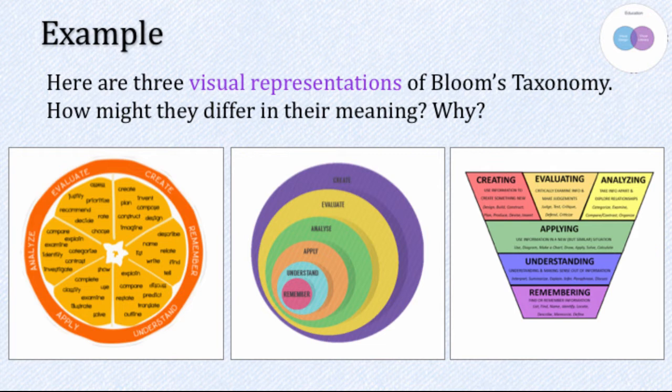So a question you might consider is, how might these visual representations differ in terms of their meaning? In other words, if you were to give these representations to people, what do you think they would learn about Bloom's taxonomy? And does the visual representation of this information change what people might take away from the representation?